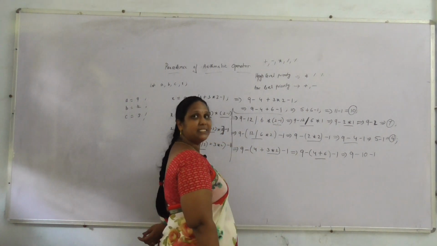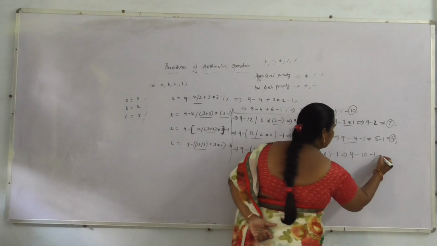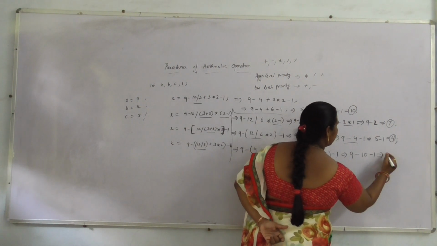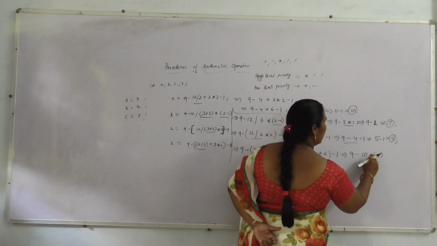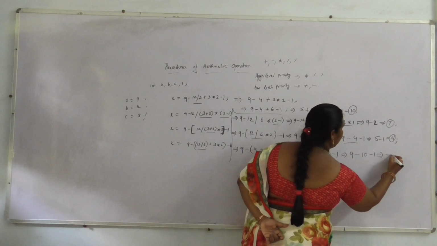Here 4 plus 6 equals 10, so 9 minus 10 minus 1, and again minus 1 minus 2.